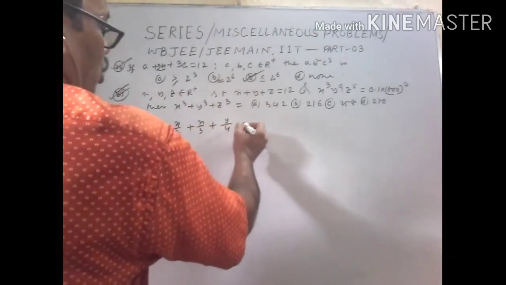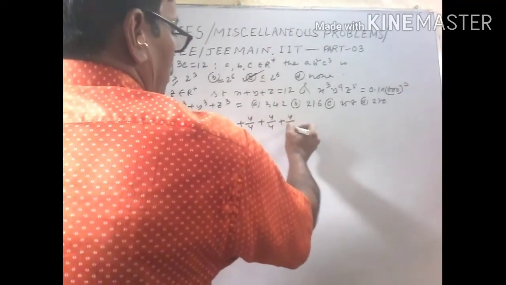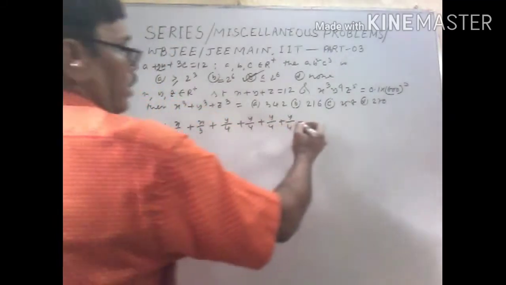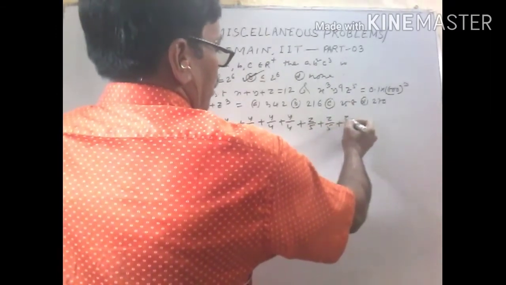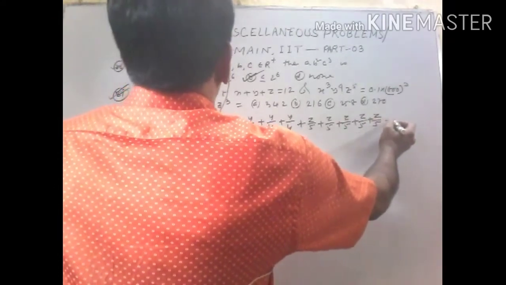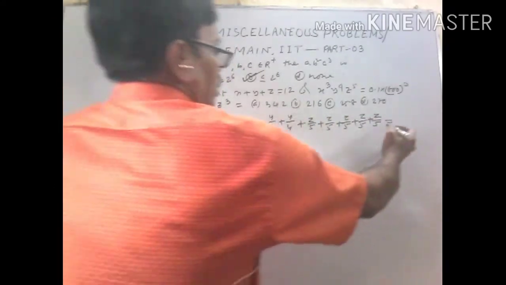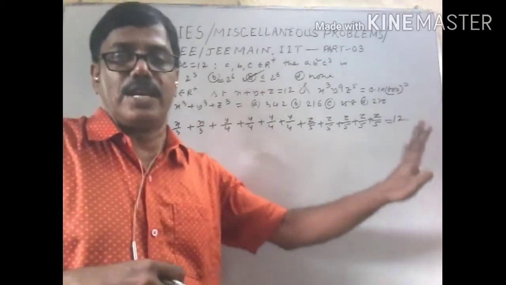So y by 4, y by 4, y by 4, y by 4. So if we add, we get y. Then z by 5, z by 5, z by 5, z by 5, z by 5, and the total value is 12. So this is x, this is y, this is z.